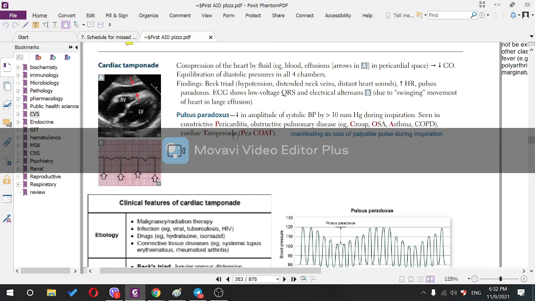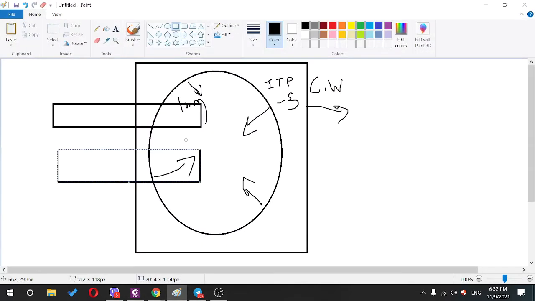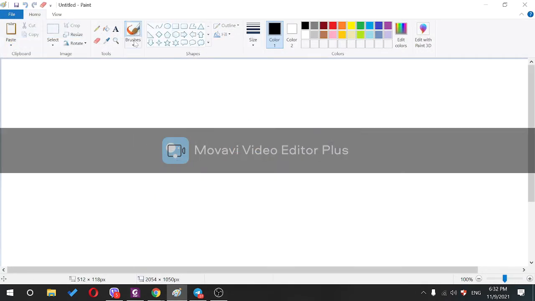Okay, so let's take a look here. It's seen in constrictive pericarditis, and in obstructive pulmonary diseases as well, like croup, obstructive sleep apnea, asthma, and COPD. You must know why. In obstructive pulmonary disease, if you take a look here, here is the right atrium, right ventricle, and then they go where?